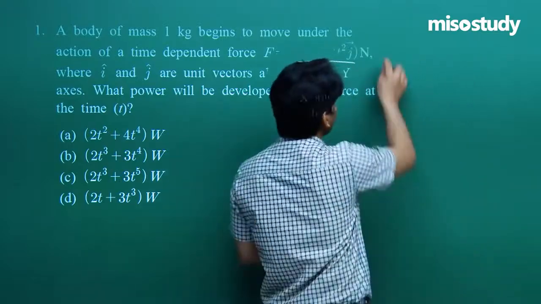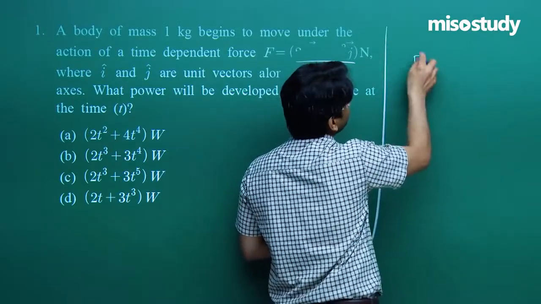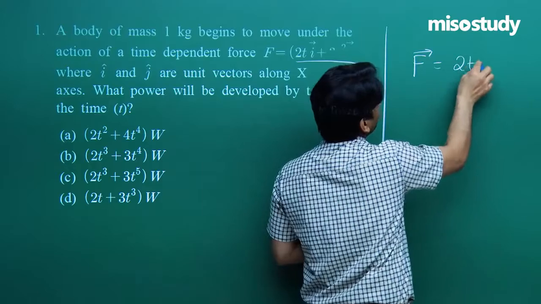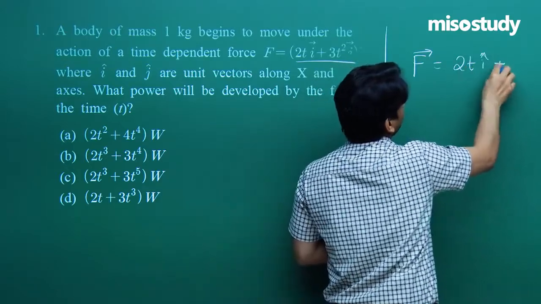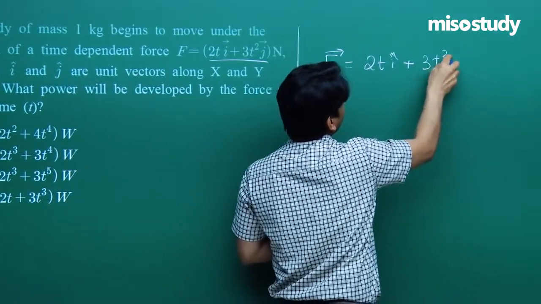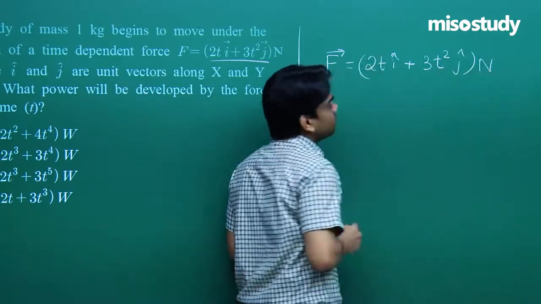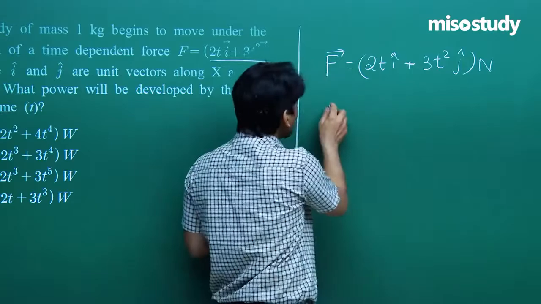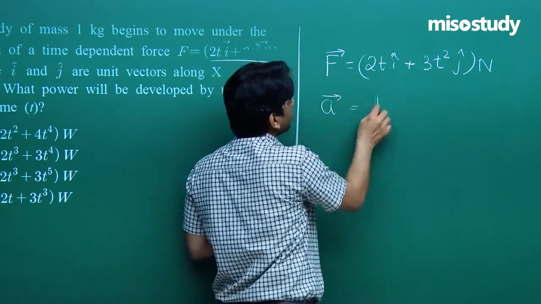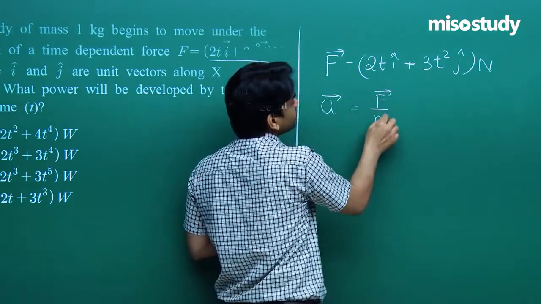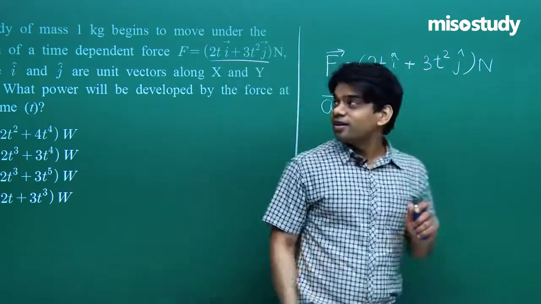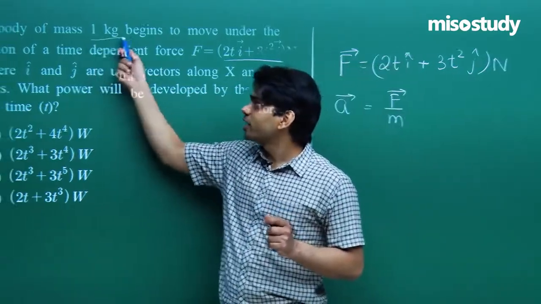Let me mark the force as 2t i cap plus 3t square j cap Newton. This is what has been given to us. For force, we all know that acceleration a is force per unit mass. Mass, you see here, first line of the question, a body of mass 1 kg.